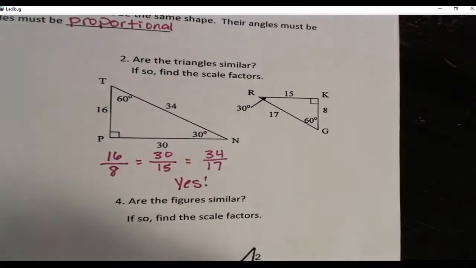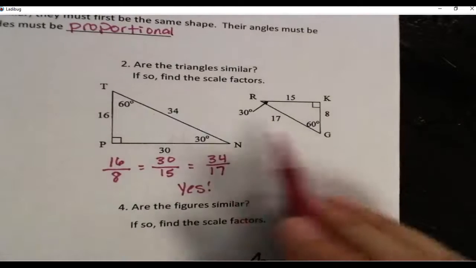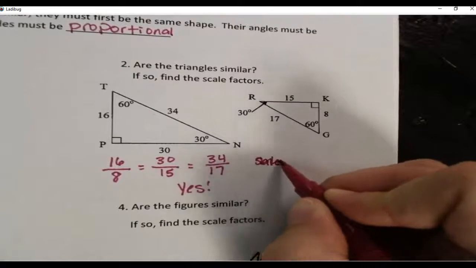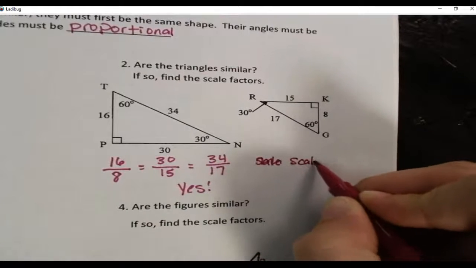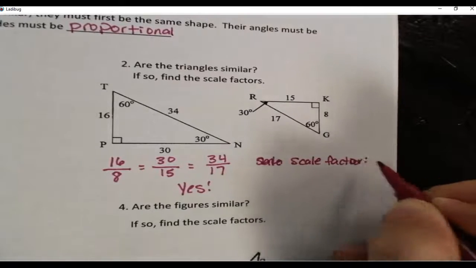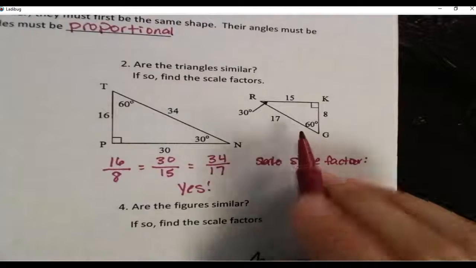Yep. So then to find the scale factor, it doesn't tell us which way it's going, so which one is the original. So we can say the scale factor is 2 if we're going from the smaller one to the bigger one.